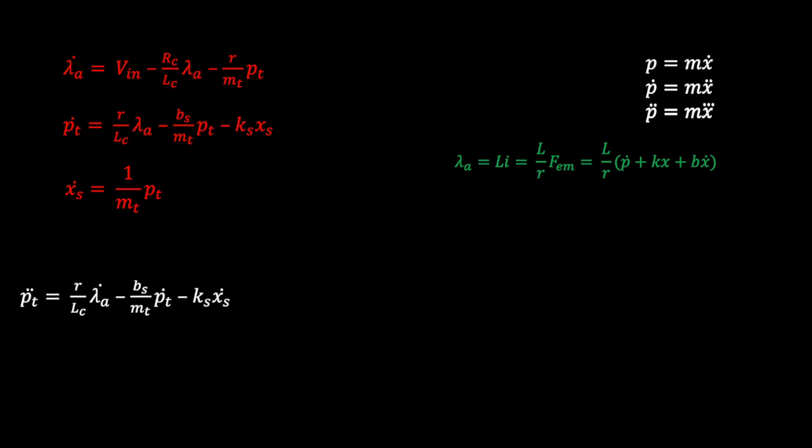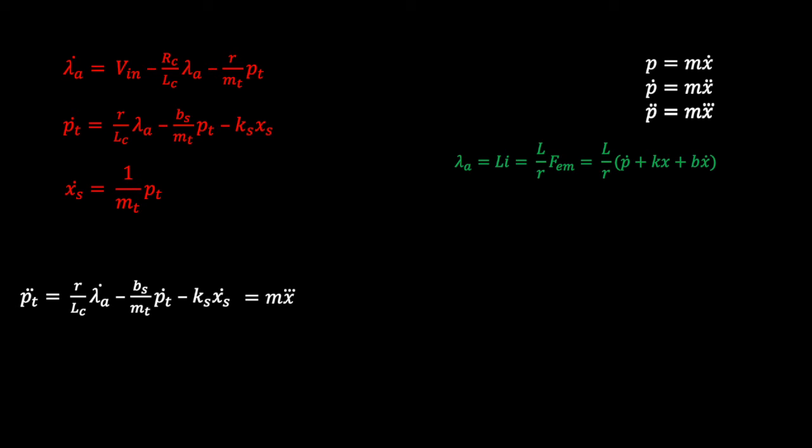Now we can begin some substitutions. So we take the second derivative of P, which results in this equation shown in white. And this is in terms of lambda dot A, P dot, and X double dot. Next, we can show how P double dot equals MX triple dot.